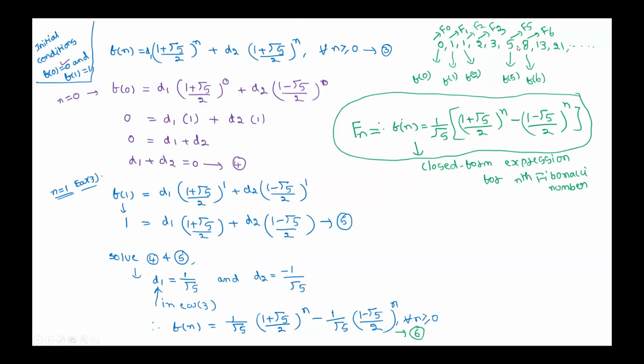Is it clear? Is there any doubt up to this point? Now, okay, let me write F0, F1, F2, F3. This is standard notation for representing Fibonacci numbers. F5, F6, F7, F8, F9, F10, F11, F12. It goes like this.